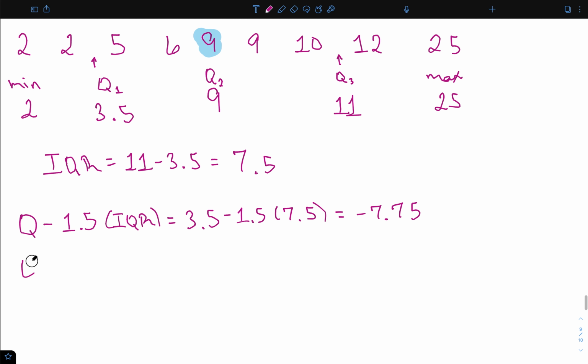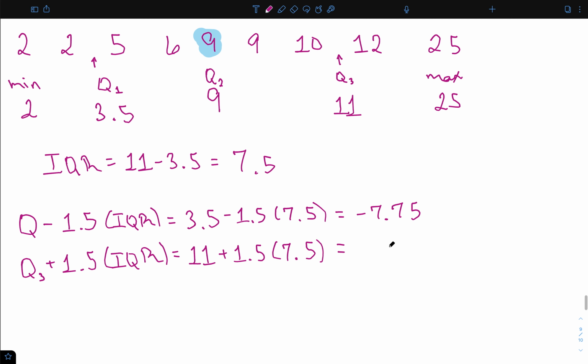For the upper outliers, we had Q3 plus 1.5 times the interquartile range, or 11 plus 1.5 times 7.5, which works out to be 22.25.